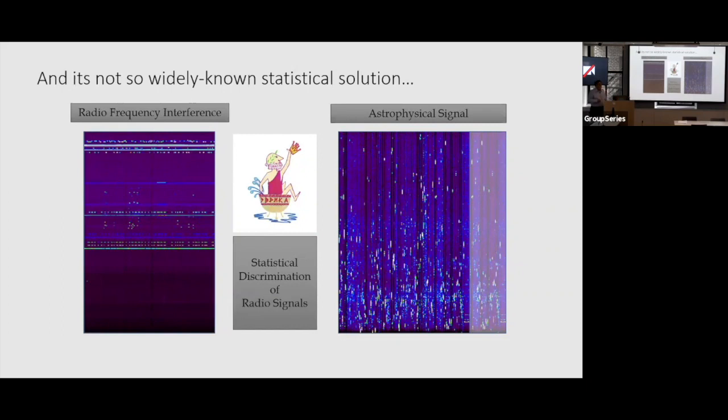It would be very easy to confuse one with the other, especially in real time. Of course, a trained eye can tell you this looks like real data if you know what to expect, and this looks like radio frequency interference. But for real-time operation of an instrument, you'd like an algorithm that does this for you.